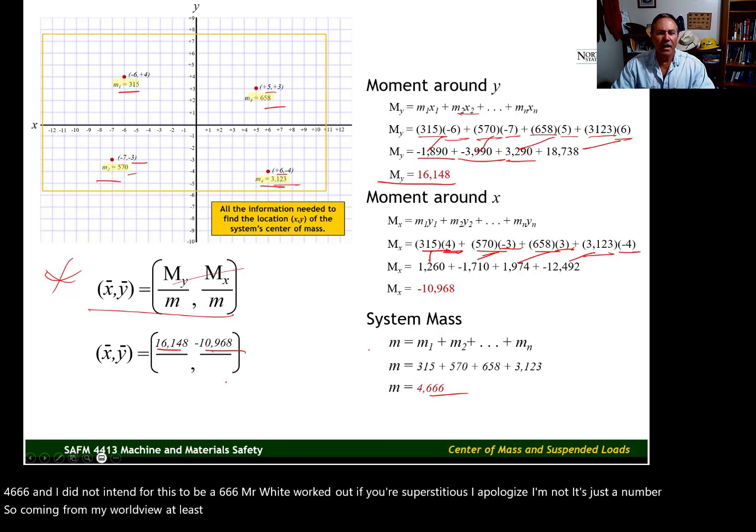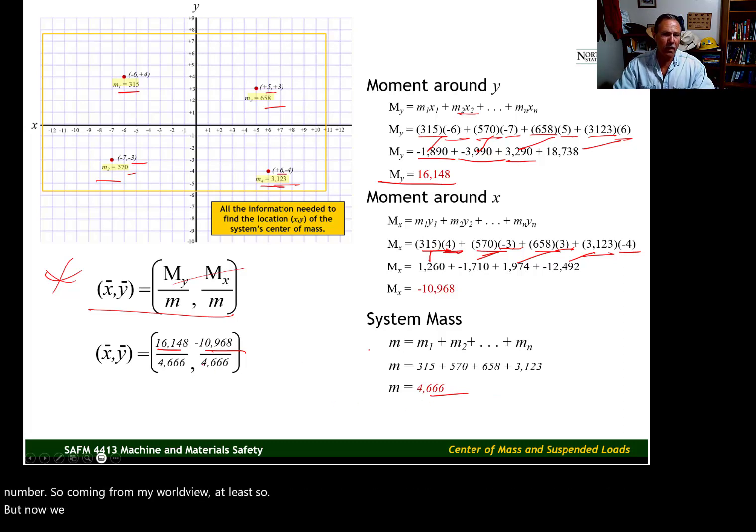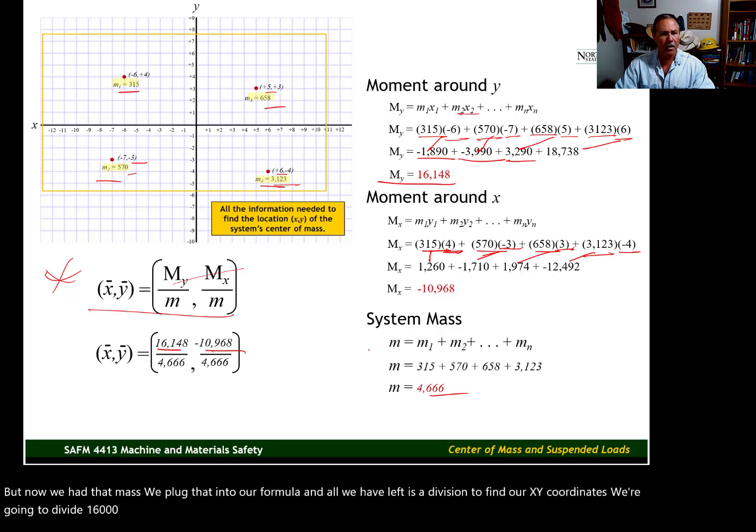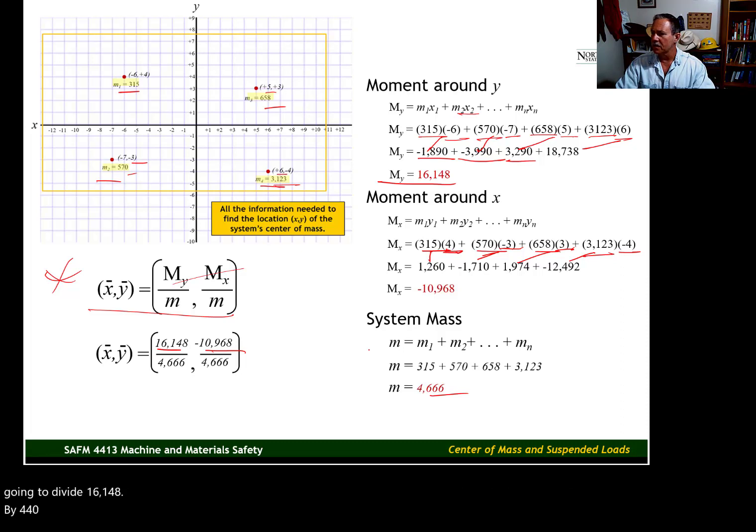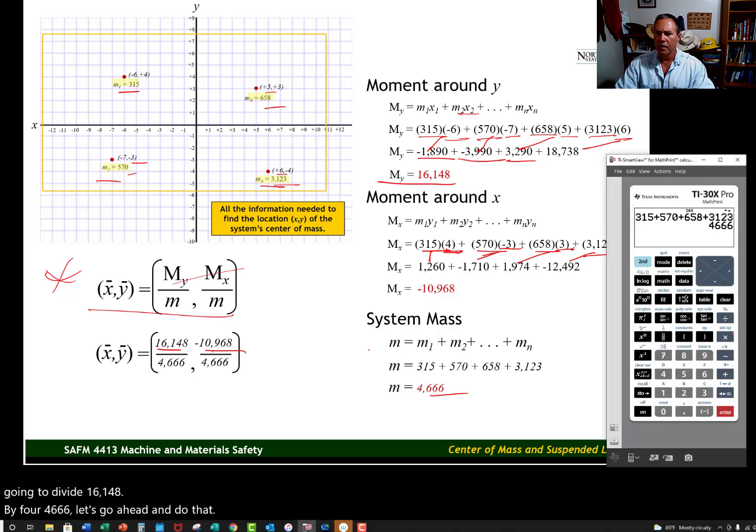But now we have that mass. We plug that into our formula, and all we have left is a division to find our XY coordinates. We're going to divide 16,148 by 4666. We come up with 3.46.